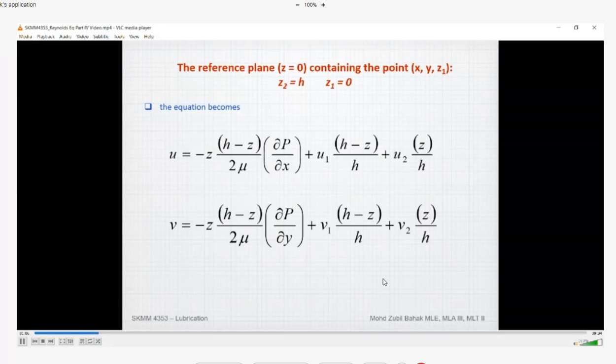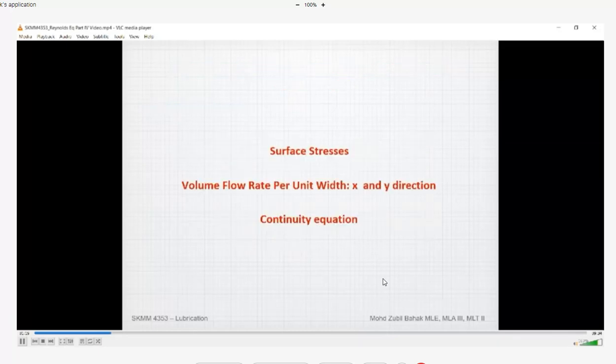So next, what we need to do is to take other considerations and put them together with the velocity of the lubrication. We will look at surface stresses, volume flow rate per unit width in the x and y direction, and also we will combine the continuity equation.